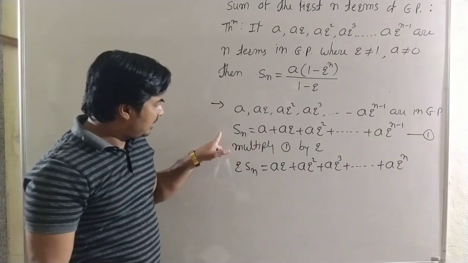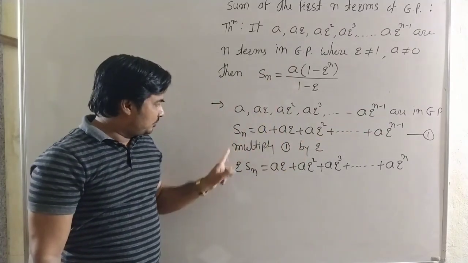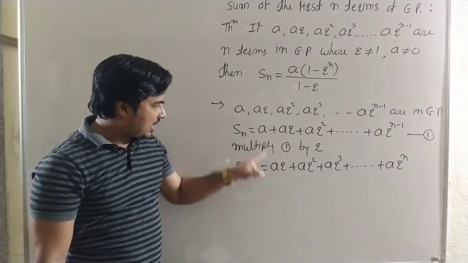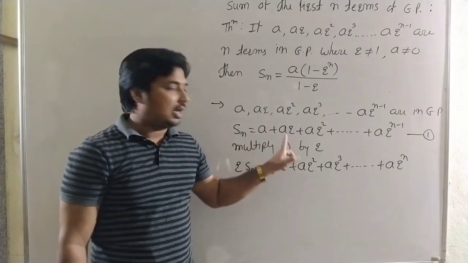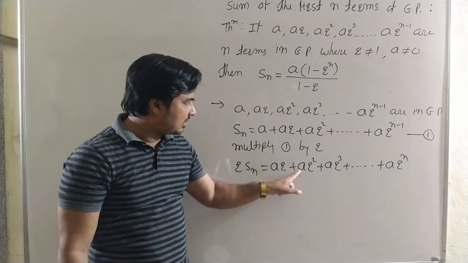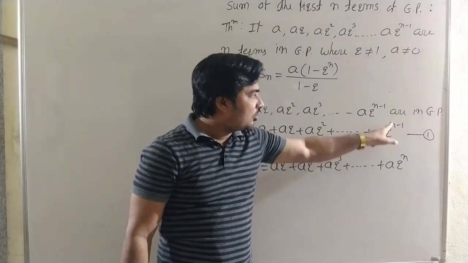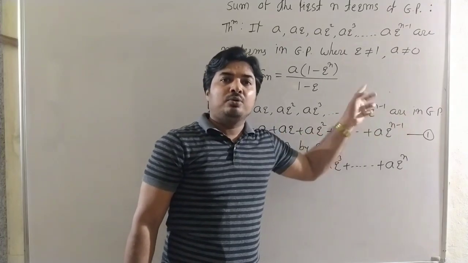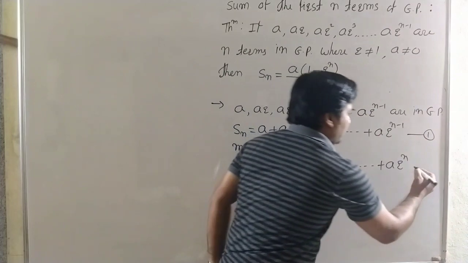Here we multiply each term by r. The second term becomes a into r square, the third term is a into r cube, and the last term a into r to the power n minus 1, when multiplied by r, becomes a into r to the power n. It is equation number 2.